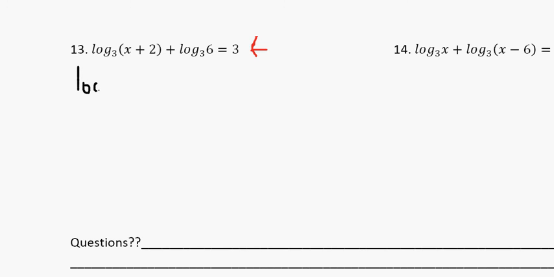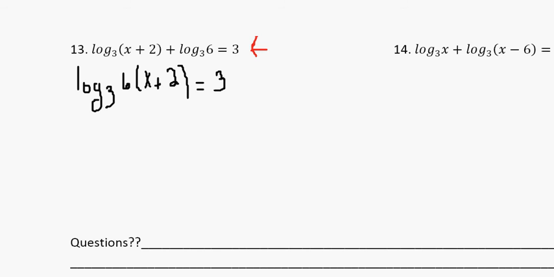So this becomes log base 3 of 6 times x plus 2. And they're multiplied because my logarithms were added. I go ahead and multiply the arguments. Okay?